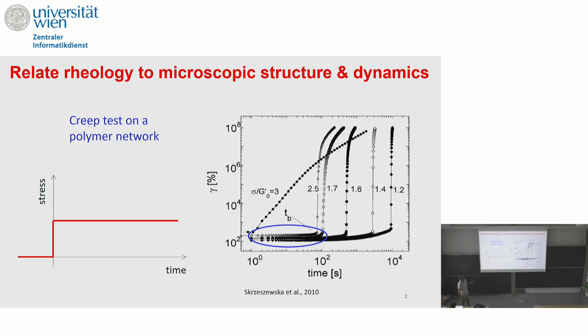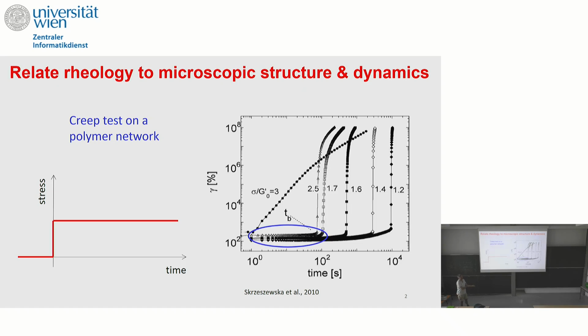And then suddenly the strain goes up here almost vertically. It means that your sample is failing, is breaking apart, and immediately it flows. Clearly, there must be something that goes on at the microscopic level here that eventually leads to this macroscopic failure.